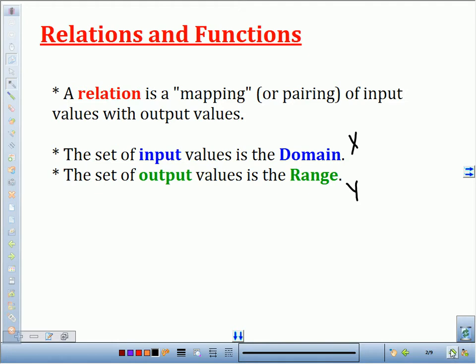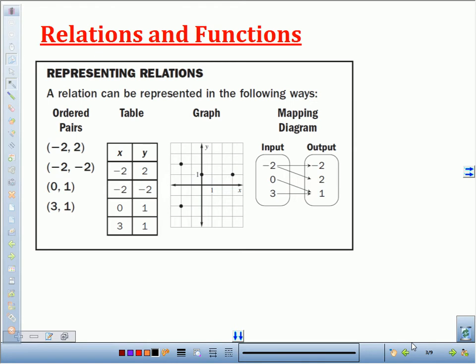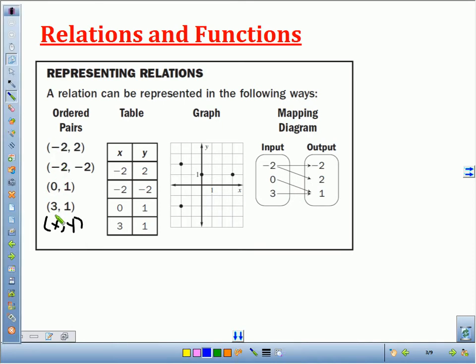Now, there are a lot of different ways that we can represent a relation. We could represent it as a set of ordered pairs, and if we do, an ordered pair would look like X, comma, Y in parentheses. Now, that means that all of these ordered pairs, these numbers, -2, -2, 0, and 3, are all the X values, which means they are all the domain.